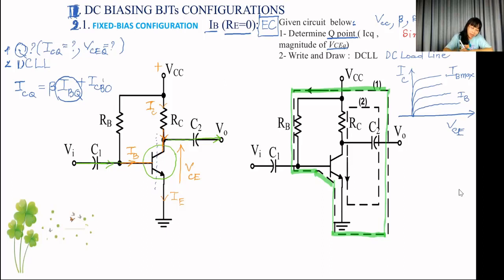Because here it is equal to 0. To find the value of the collector current, we should find the base current. And you can see the red color here, this is the current. We call it DC current. DC.